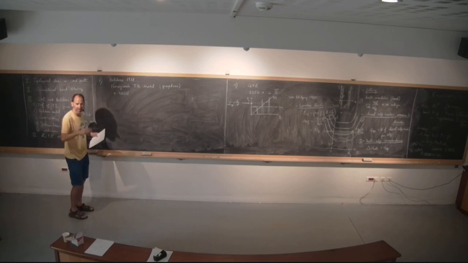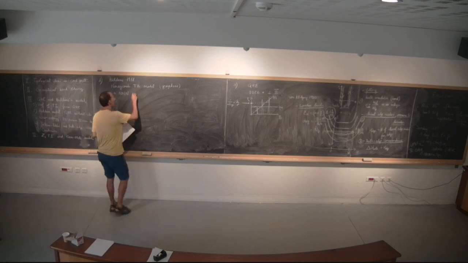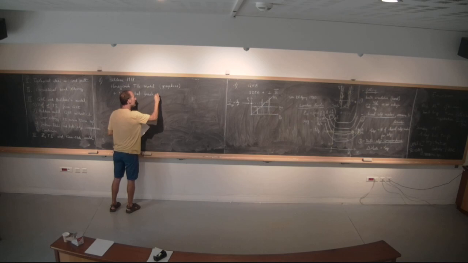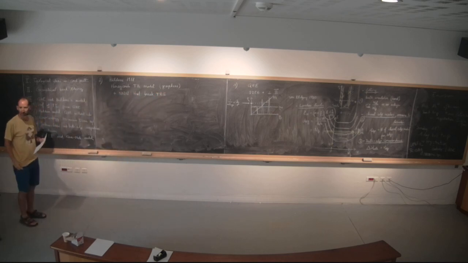The simplest tight binding model is only with first neighbor. And the main ingredient is that you put phases on these hoppings to break time reversal symmetry.